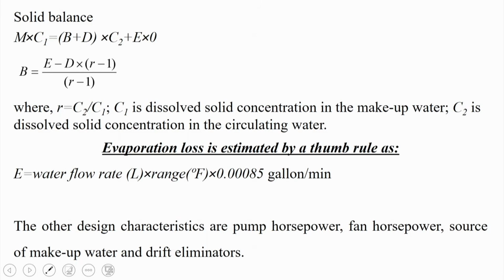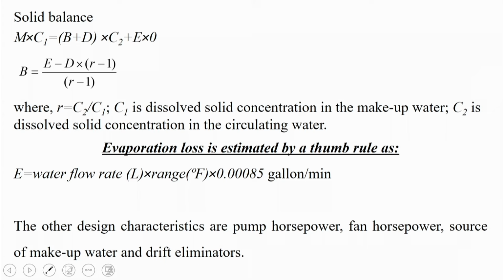And we need to do the solid balance: M into C1 is equal to B plus D into C2 plus E into 0, because whatever is evaporated does not contain any solid. So B, the blowdown, is equal to (E minus (R minus 1) D) divided by (R minus 1), where small r is equal to C2 by C1.